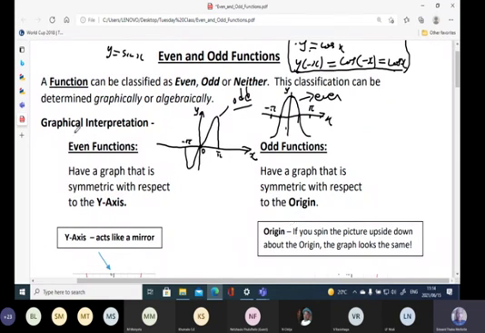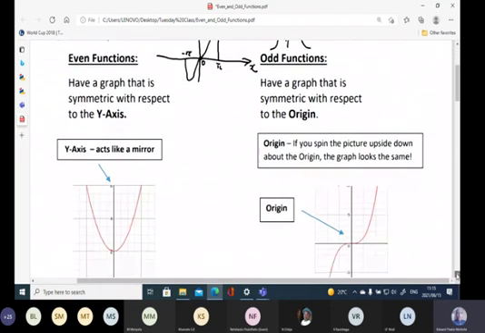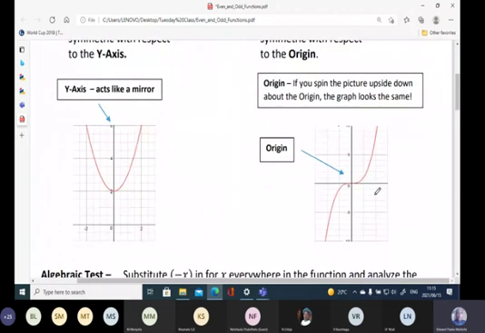Now, the first method is graphical interpretation. Even functions have a graph that is symmetric with respect to the y-axis, and odd functions have a graph that is symmetric about the origin. That's the point I've just discussed. Let's look at these two graphs. This one is symmetrical about the origin. If you are at the origin and you look down or up, you see the same graph. If we flip this one upward, we'll have the same graph.